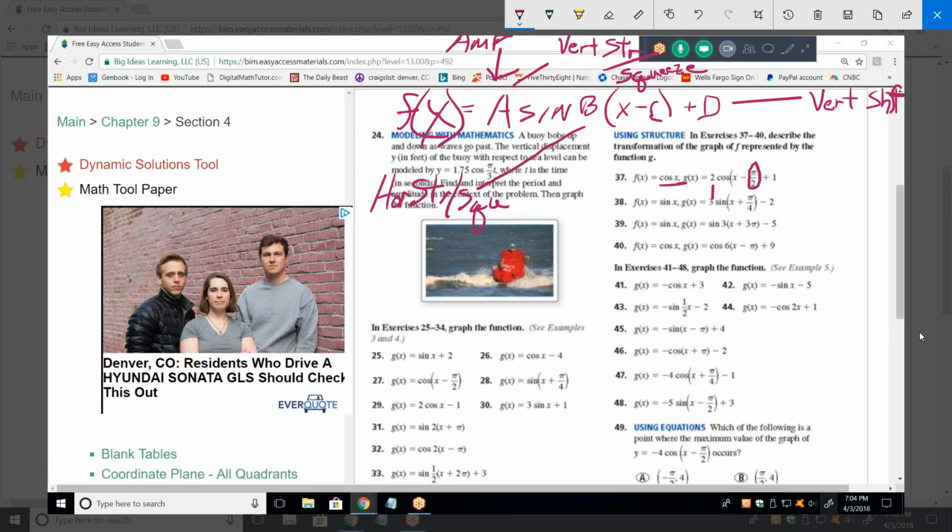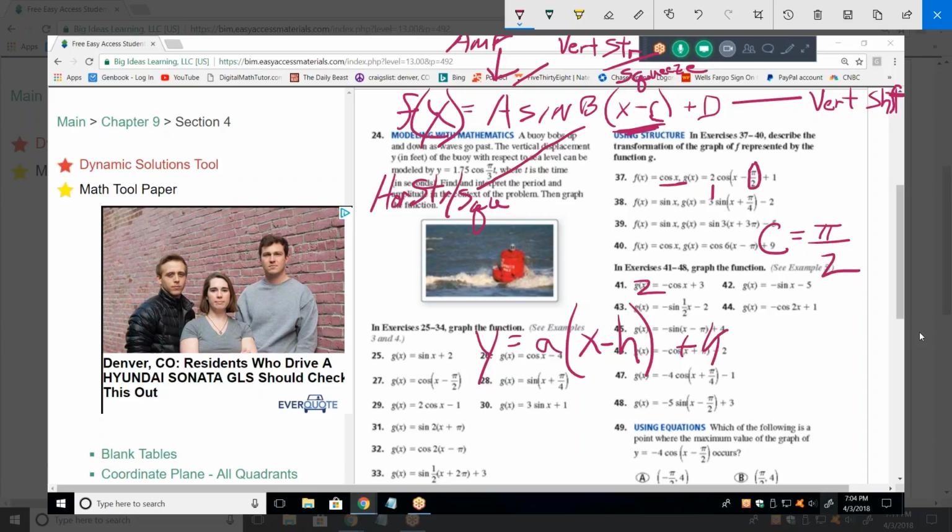And this doesn't matter whether you're dealing with polynomials or anything else. It's x minus c. In this case, c is a positive pi over 2, correct? Yes. Positive means to the right. Negative means to the left. The only thing is you have to make sure you understand that. And remember what I told you, that everything prior to calculus is x minus. If I'm looking at the vertex format of a parabola, it's x minus h.